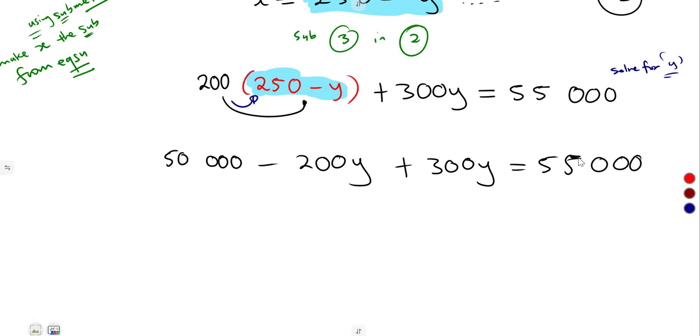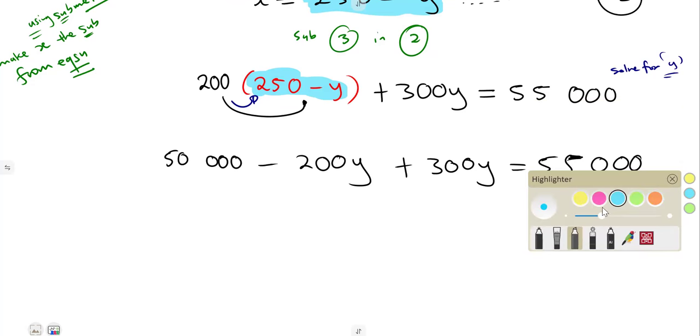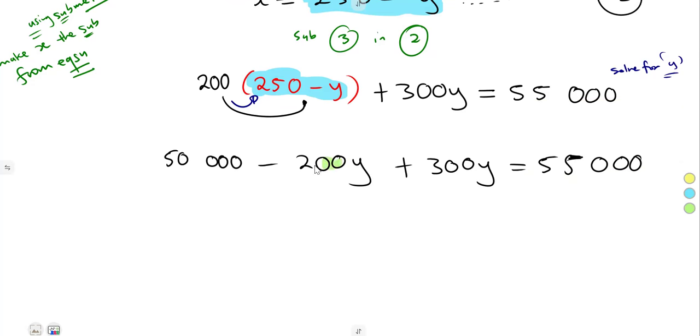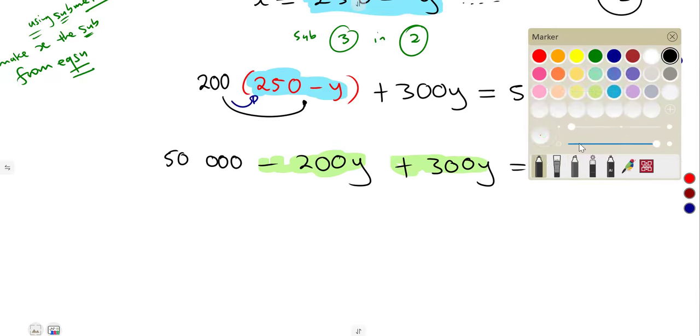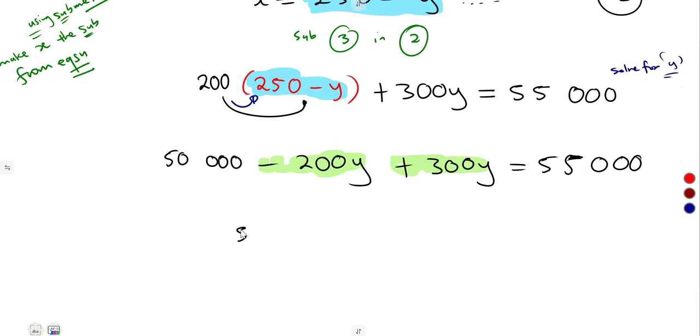In order for you to solve, you can collect the like terms, of which we have the Y part. Minus 200 plus 300 is going to be 100. So 50,000 plus 100Y is equal to 55,000.